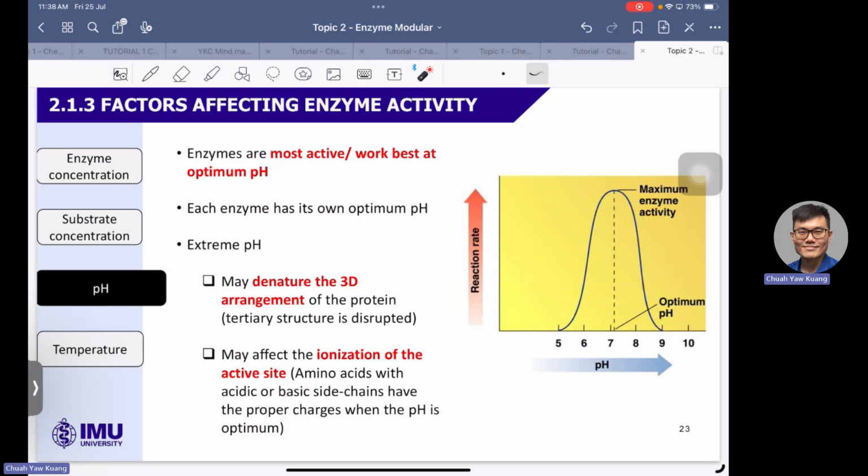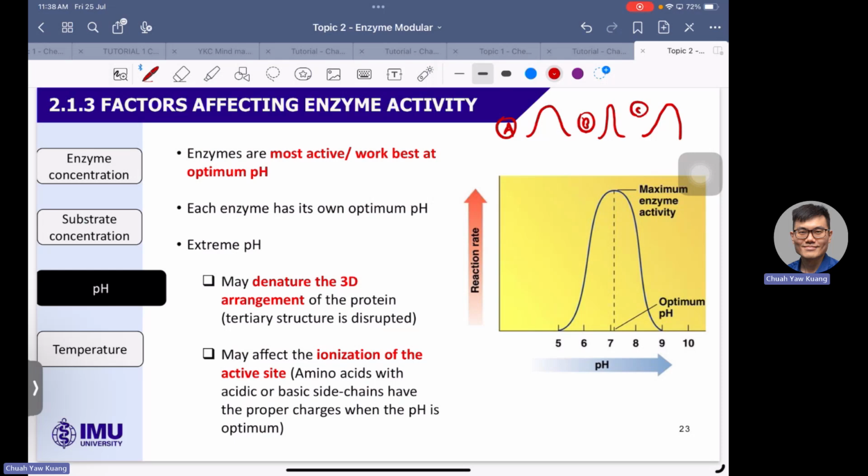Then I need to highlight one thing here. Please remember this. For example, during the MCQ, they will give you different graphs A, B, C, D, then ask you to choose which one is the graph for pH. Sometimes they will give you almost the same graphs, and some students don't know which one to choose.